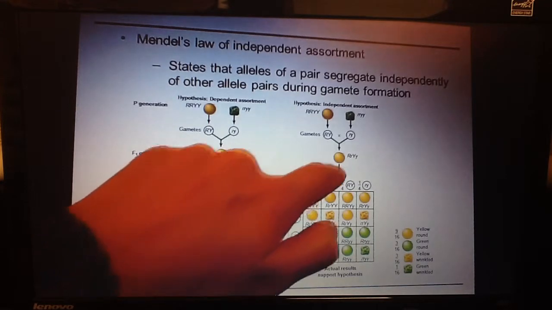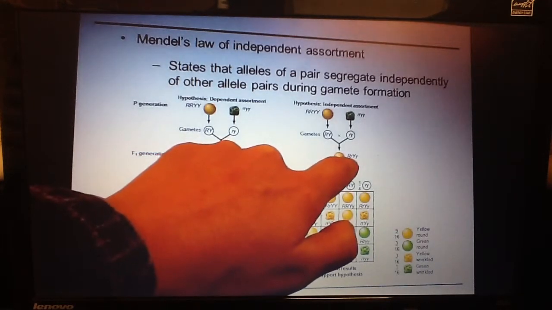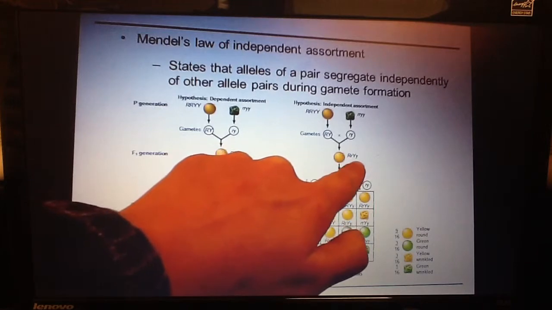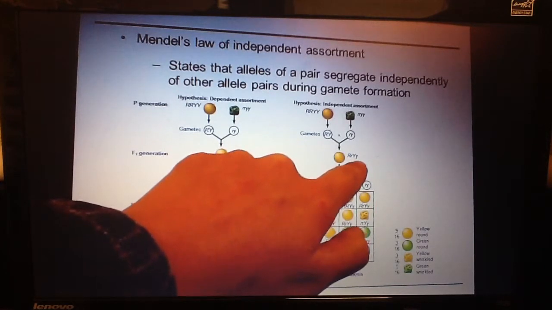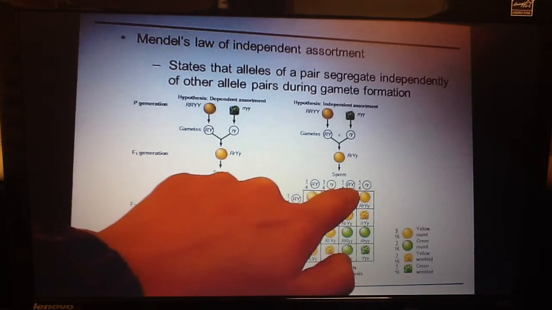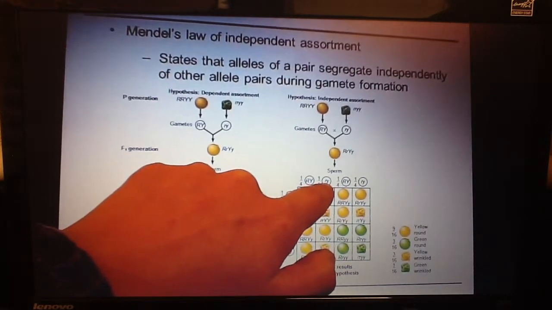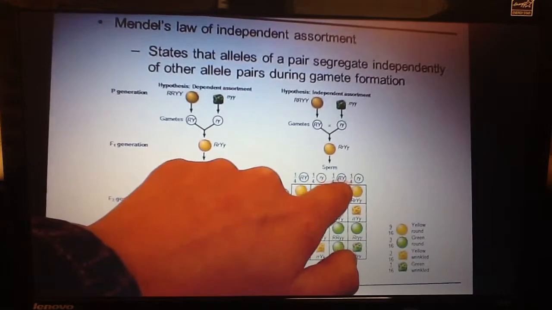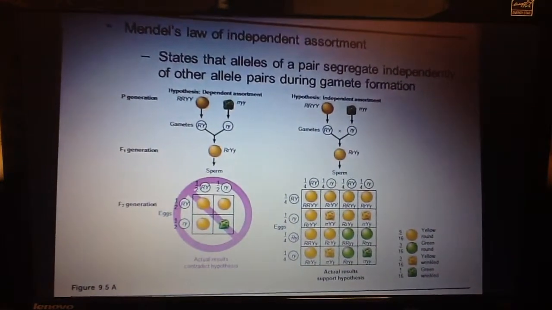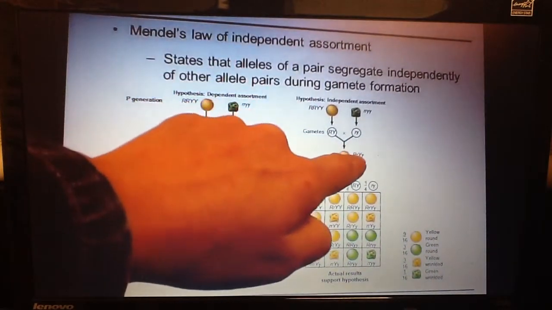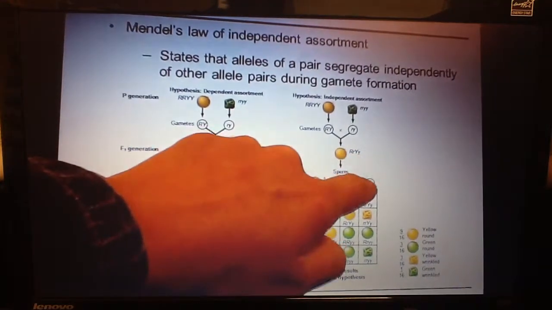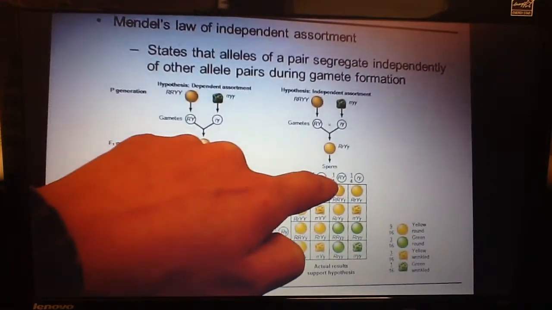But again, maybe it donates the first big R, but this time it donates the little y. And so you're going to create a big R, little y. And then you can donate your little r and your little y, or you can donate your little r and the big Y.